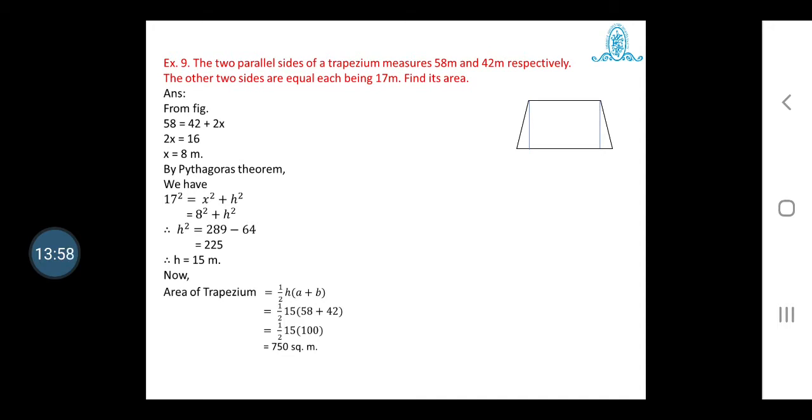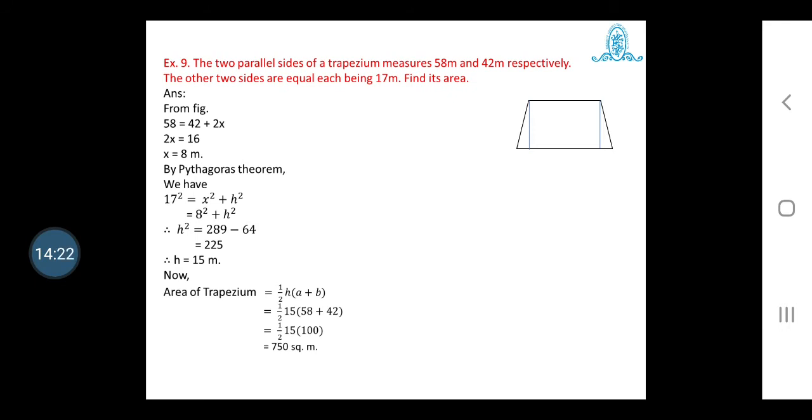This side is equal to 17. Then after that we can find the height of this trapezium by using the Pythagoras theorem. So 17 square, the hypotenuse, is equal to x square plus h square. We have to find the value of h because x we already have. The value of x is 8.